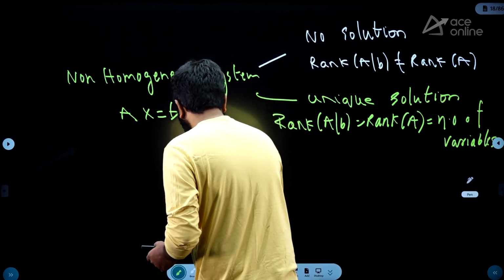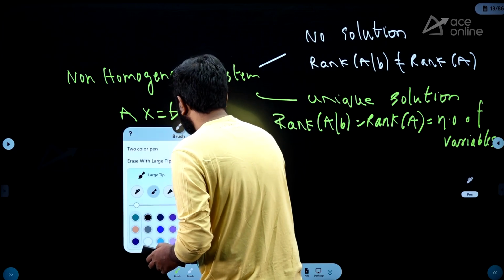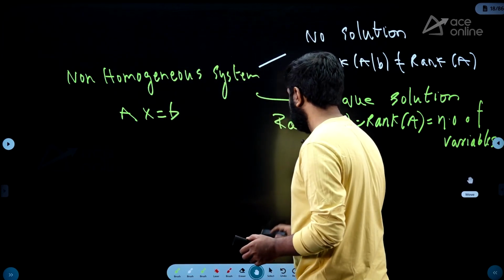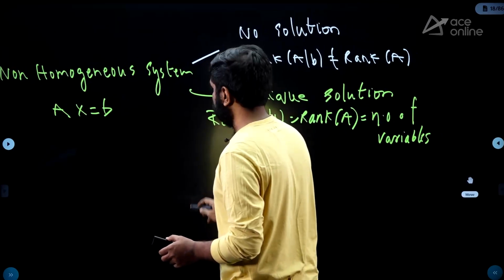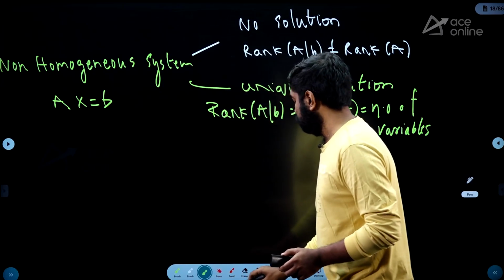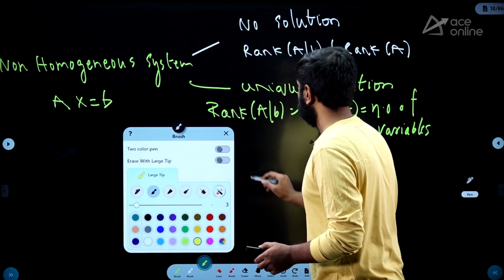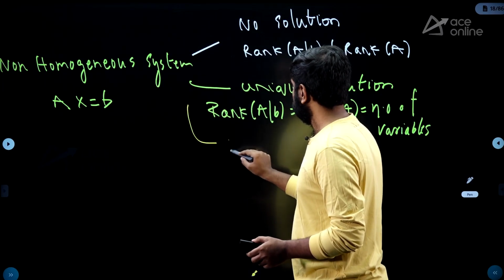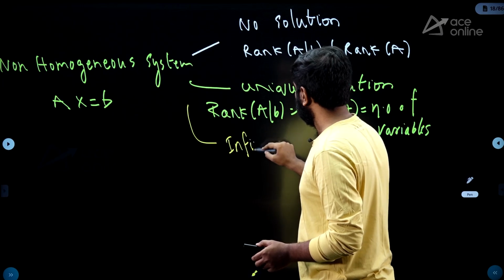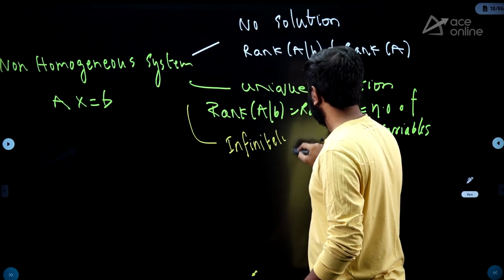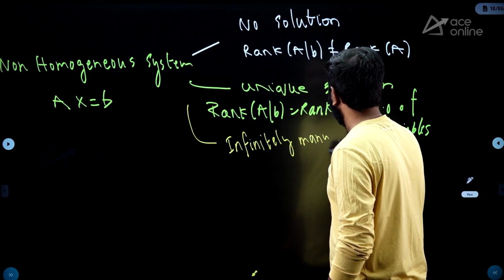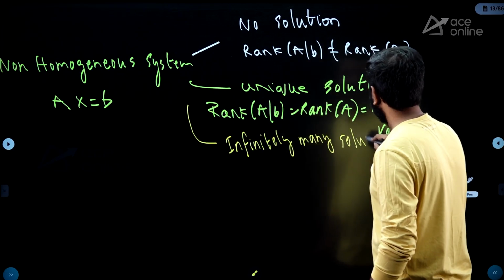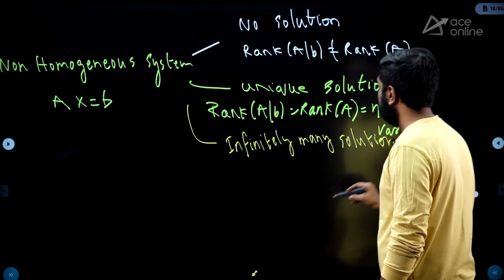The last case, which is infinitely many solutions. So when does this happen?